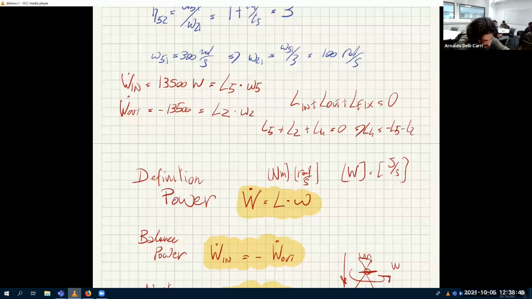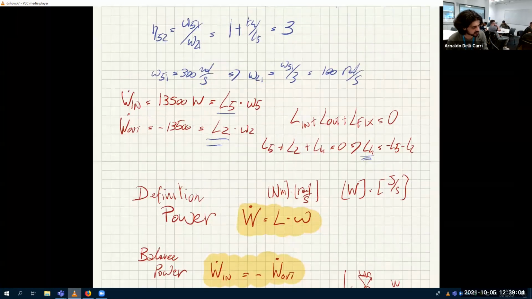Can you do this calculation for me? First of all, with this equation, we find L5. With this equation, we find L2. And with the last equation, we find L4. Because this is a number, this is a number, omega 5 is also a number, 300, omega 2 is also a number, 100.